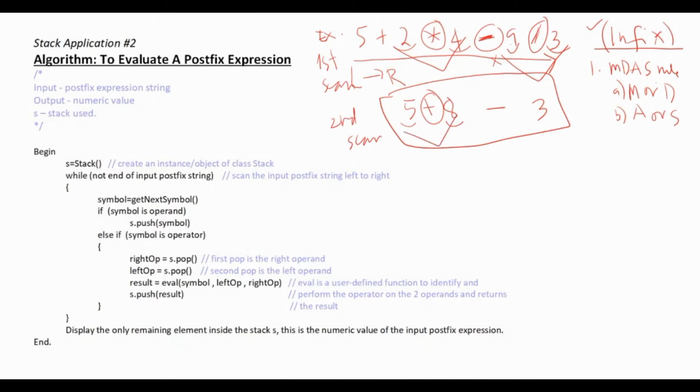We perform this and now have 13 as the result, and this is the resulting expression. Next we encounter the minus. We perform it on the left operand and the right operand. This gives us 10. Now we know that the value of this infix expression is 10.